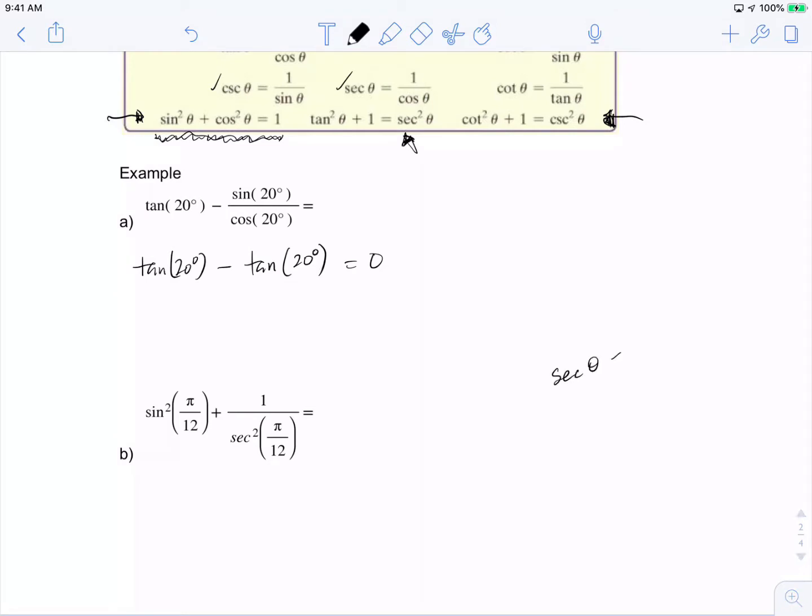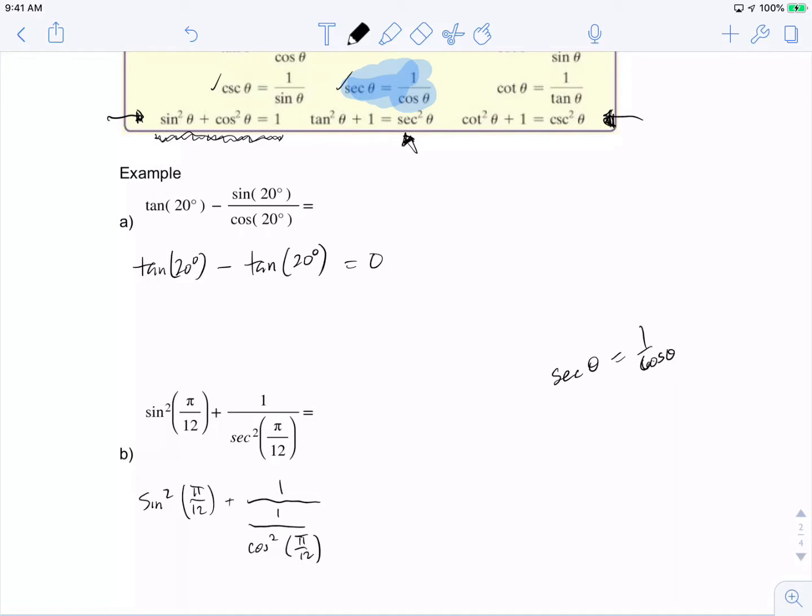Okay. Now, secant theta we know is going to be 1 over cosine, right? We can see that from up here. Secant's right there, and we can see that secant is that 1 over cosine, and so I'm going to go sine squared of pi over 12 plus 1 over 1 over cosine squared of pi over 12.